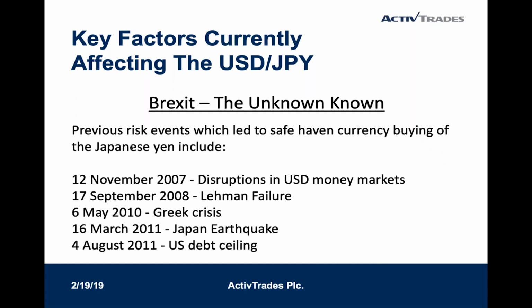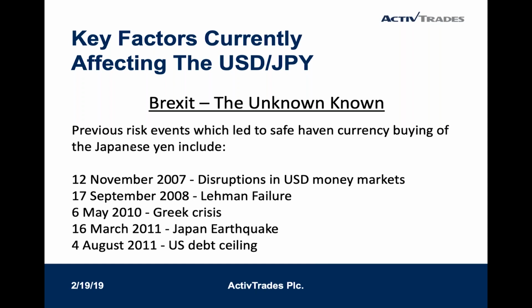In 2010 the European Union was much in the news with Portugal, Italy, Greece, and Spain. And Greece actually went into crisis. So whilst that could have brought down through contagion the rest of Europe, people would have been trying to get their money out of that area and into the Japanese yen.